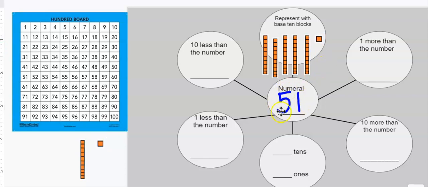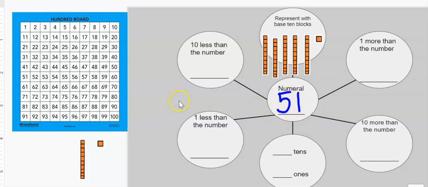Do you remember when we built 15? How many 10s were there? There was only 1. But with 51, how many 10s? 1, 2, 3, 4, 5. Correct.